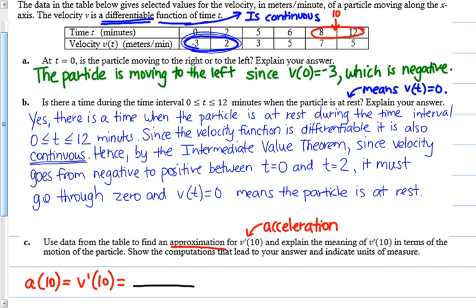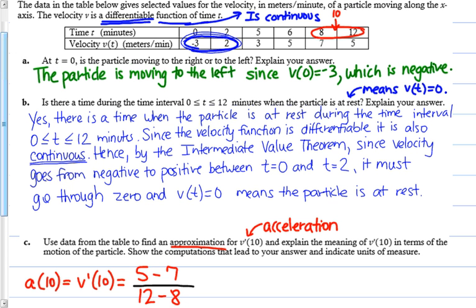So I'm going to do 12 minus 8. Those are my x's or my t's. And then since I did 12 first, I'm going to do 5 minus 7. And that's good old-fashioned slope. And that's how you approximate slope in calculus when you don't actually have an equation, but you have a table of values.